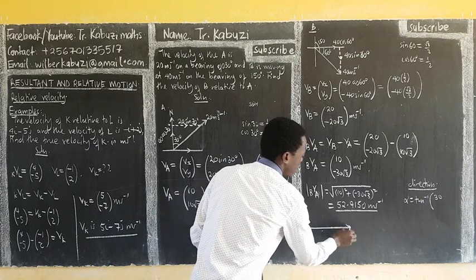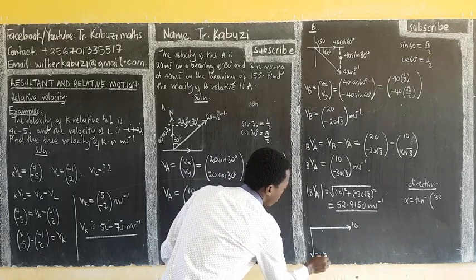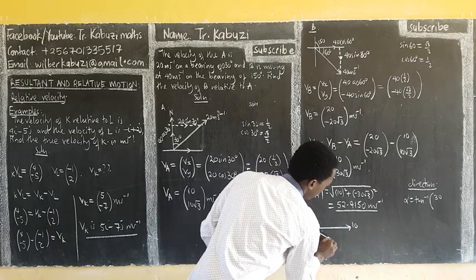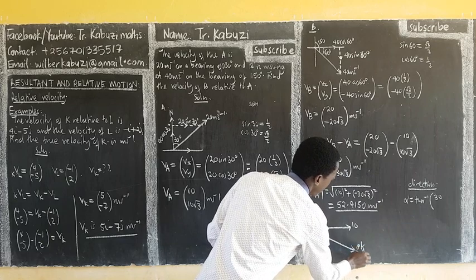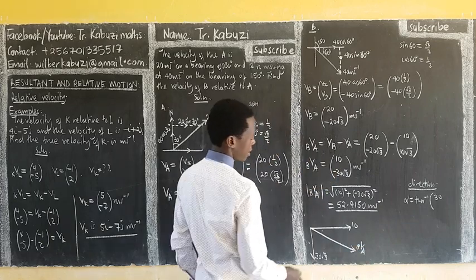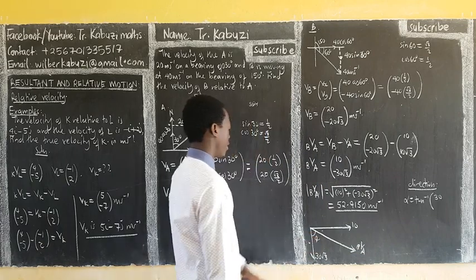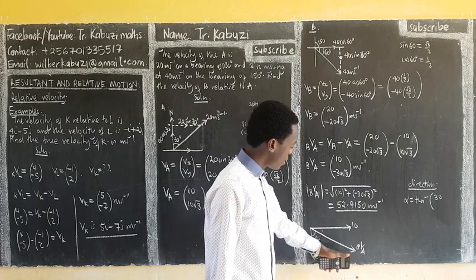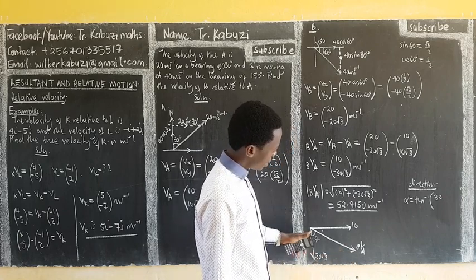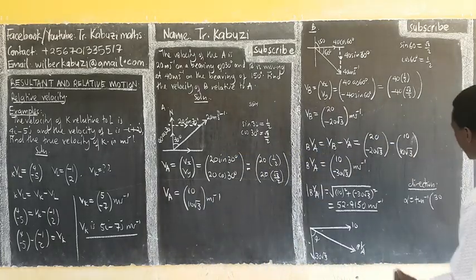This one is 10, the x, and this is 30 root 3. So this is going to be my velocity of B relative to A. If I want this angle here, the opposite is going to be 10 over the adjacent, which is going to be that.